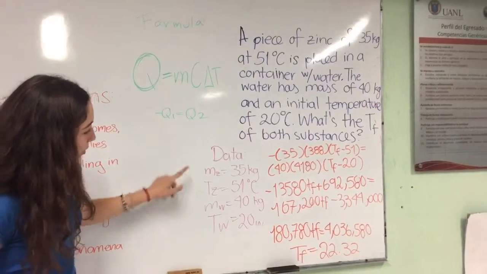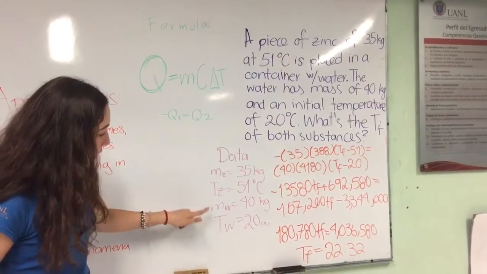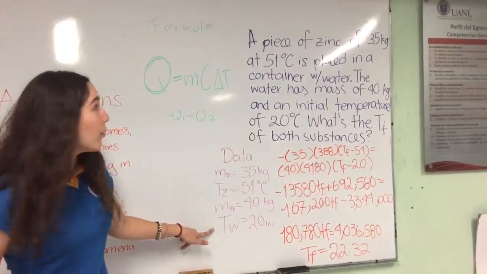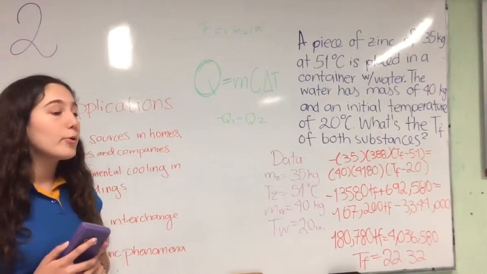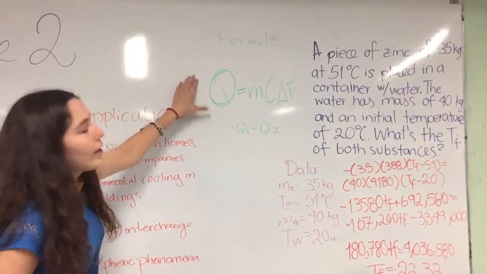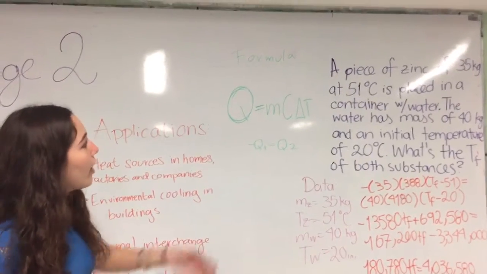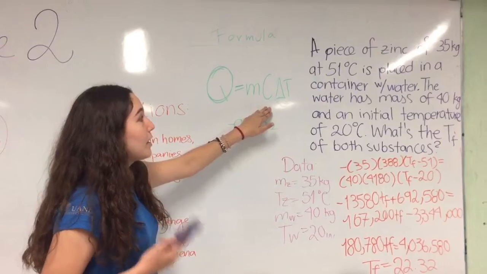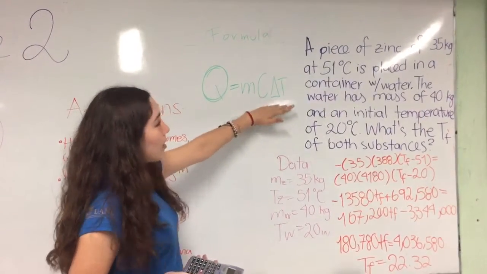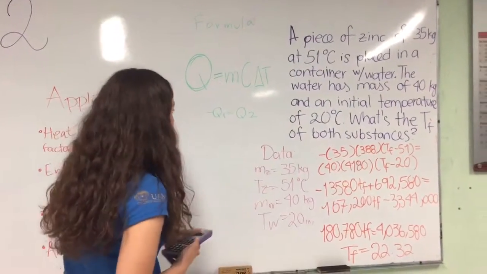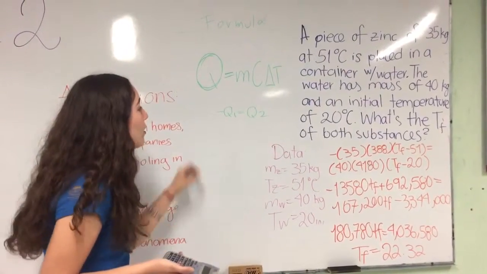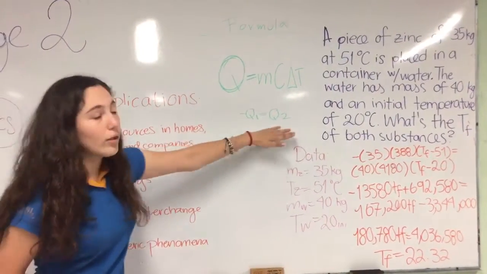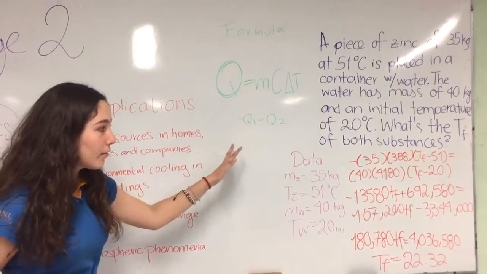We have the data here, the mass of the zinc, the temperature, and the mass of the water, and the temperature of the water. And we're going to use the formula where Q is heat, as we explained before, and M is mass, C is the specific heat of each material, and this means the change in temperature. And we also need to know that one Q is equal to the other, but one is negative.